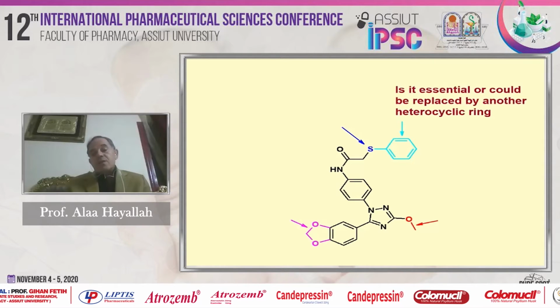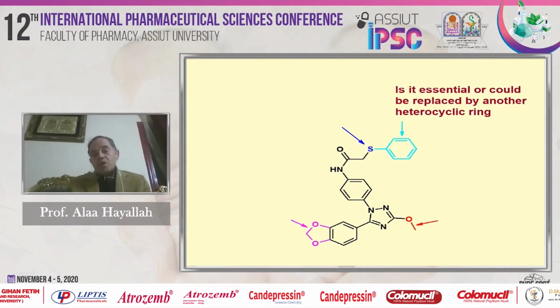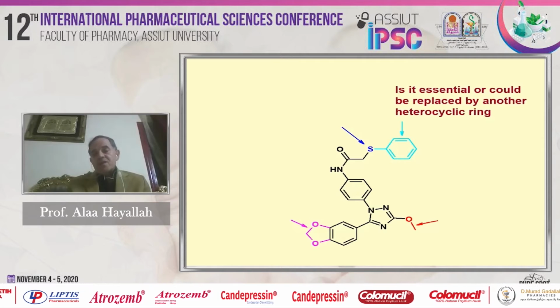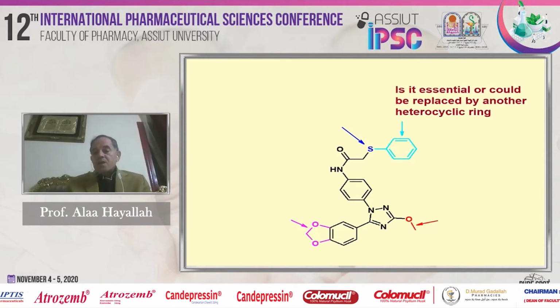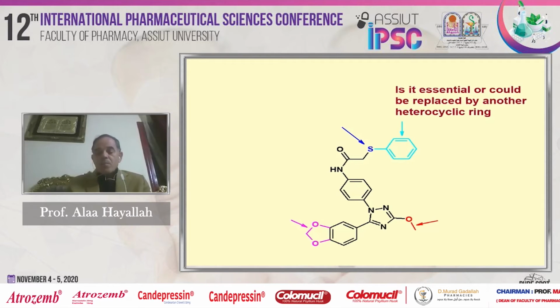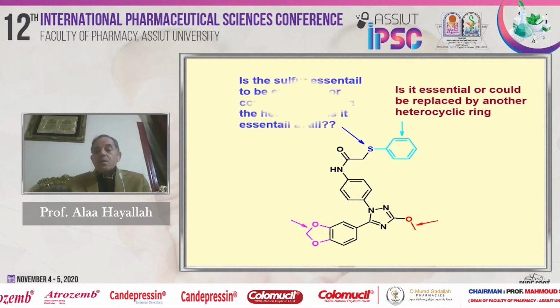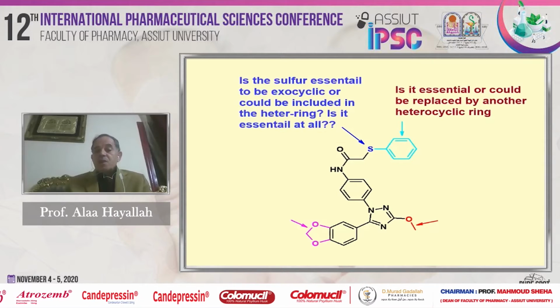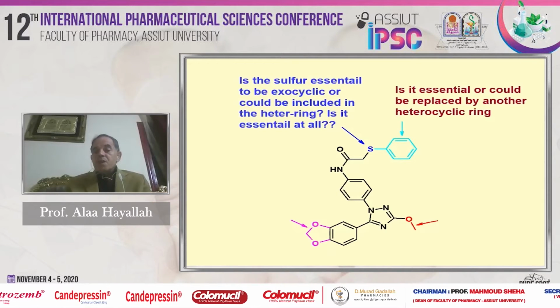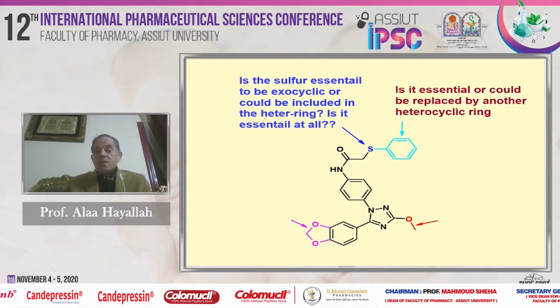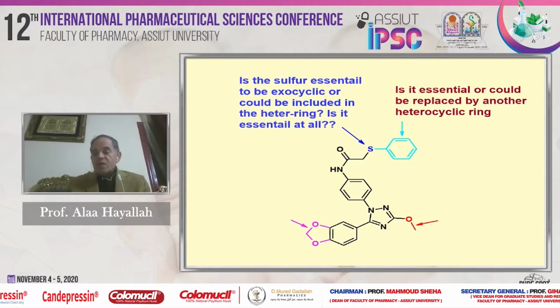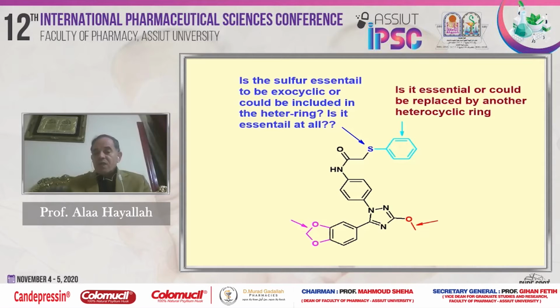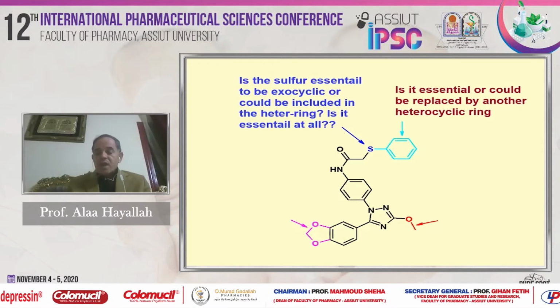The first point we took in mind is whether the phenyl group is essential or could be replaced by another heterocyclic ring. The second is whether the sulfur is essential to be exocyclic or could be included in the hetero ring. Is it essential at all? If we remove the sulfur, is it essential for the activity?